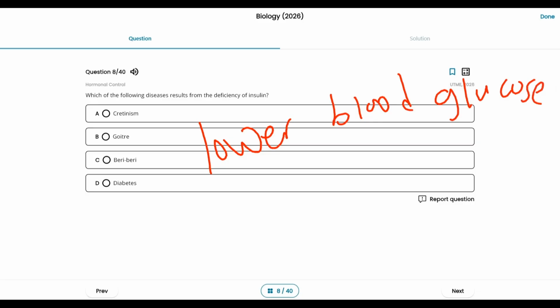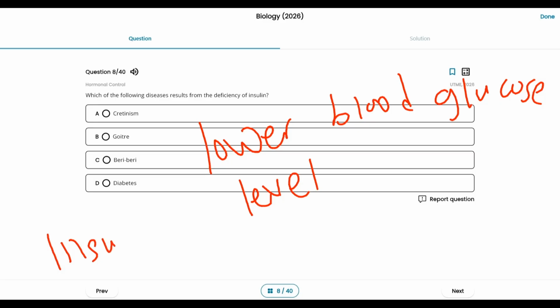The major function of insulin is to lower blood glucose level by helping body cells take up glucose and promoting the storage of excess glucose as glycogen.